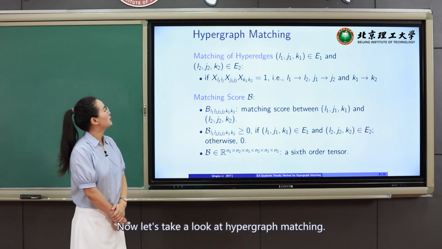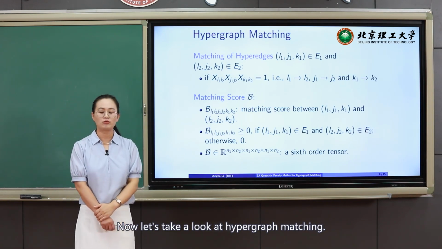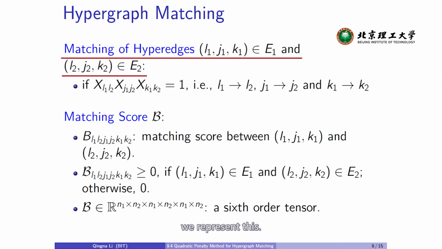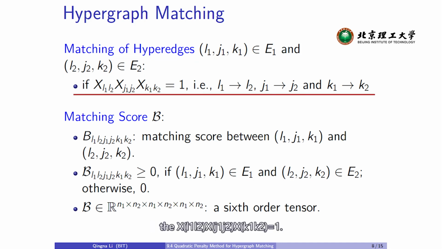Now, let's take a look at hypergraph matching. So, matching of hyperedges, how we represent this. If 2 hyperedges are matched, it means the following: X_{l1,l2}, X_{j1,j2}, and X_{k1,k2}, the multiplication of the 3 terms is 1.